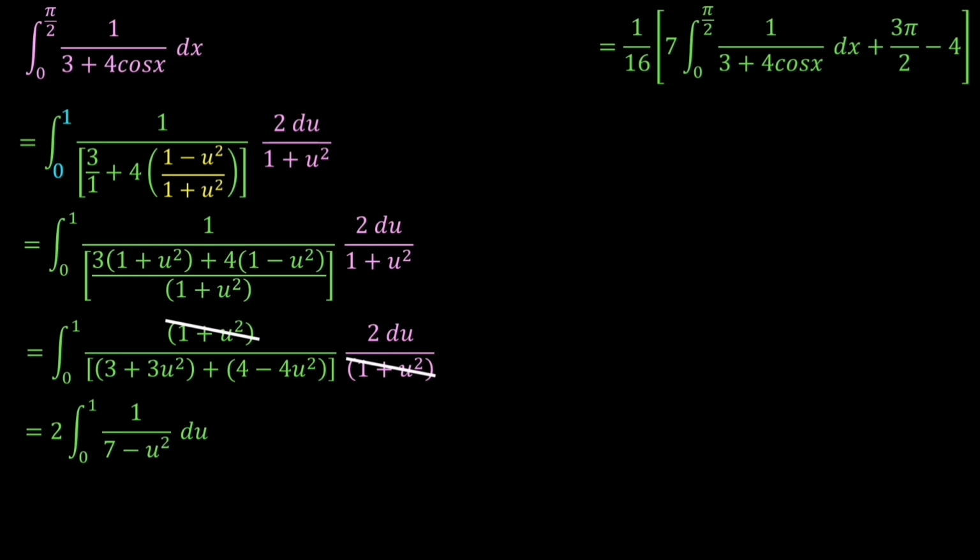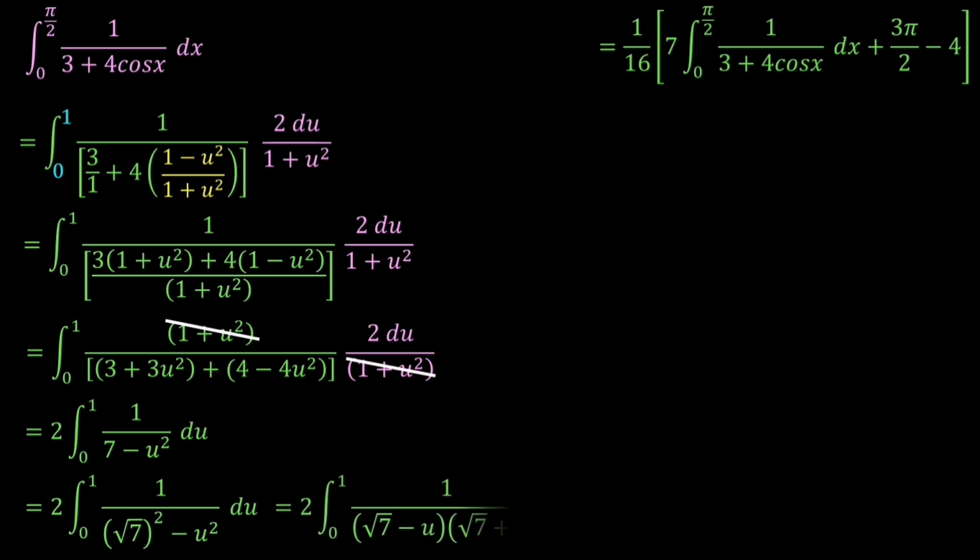7 minus u squared we can write as (root 7) squared minus u squared. After that, we can factorize using the difference of two squares. It equals (root 7 minus u) into (root 7 plus u).